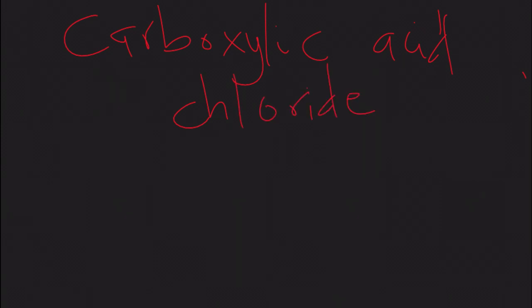So here, what are we going to exchange the OH for? I'm sure you said a chlorine. Beautiful. So we are exchanging that moiety for a chlorine moiety, and we have what? A carboxylic acid chloride. Beautiful.